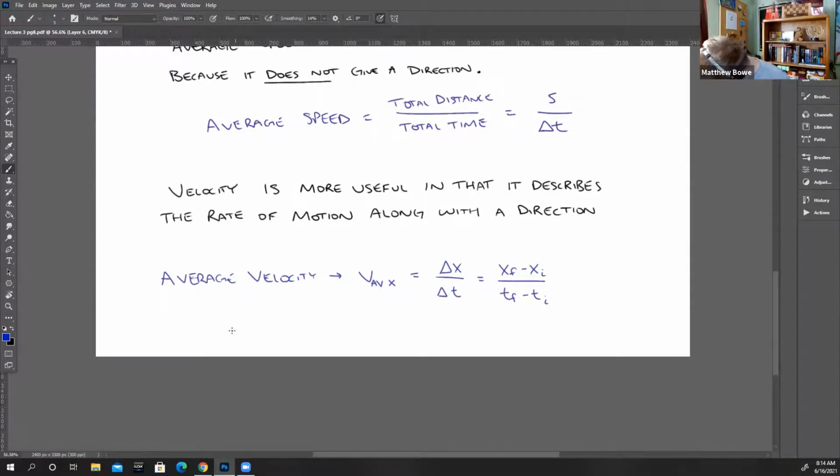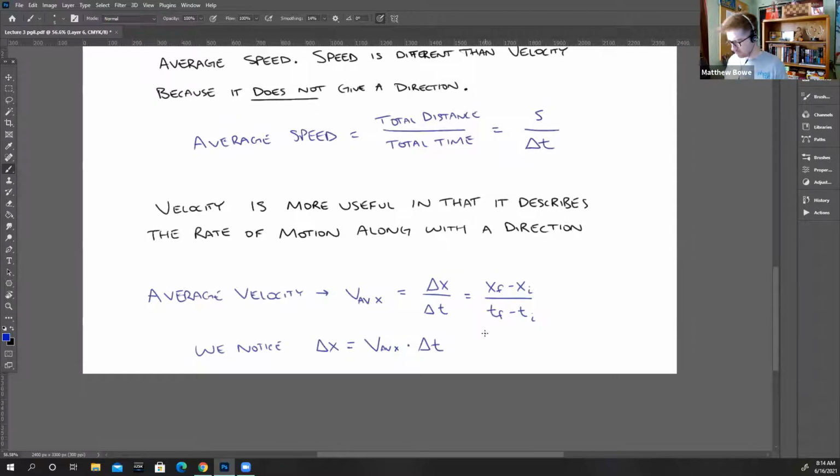So we notice that delta x, the change in position, is equal to the average velocity times delta t.